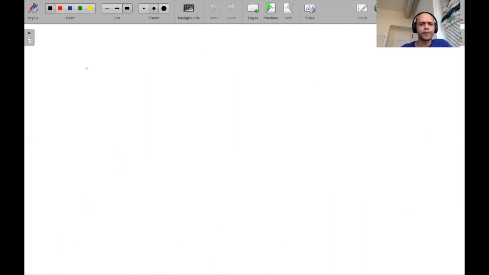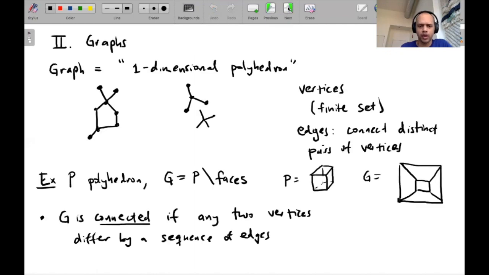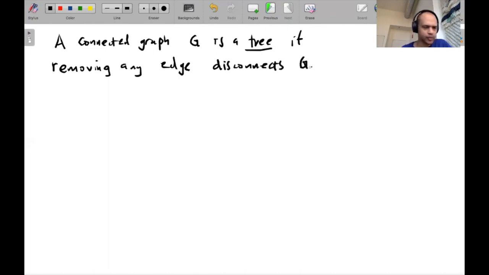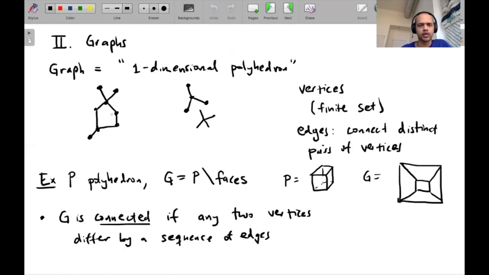Okay, another definition. We say a connected graph G is a tree if removing any edge disconnects G. So for example, let's take this graph here.